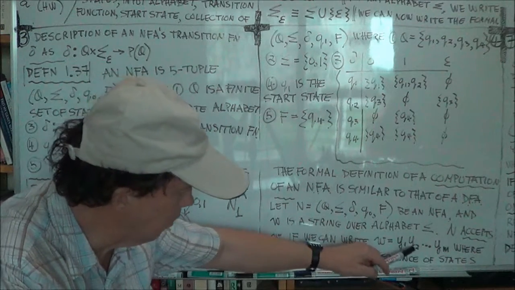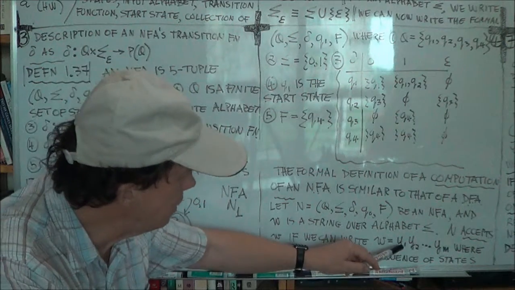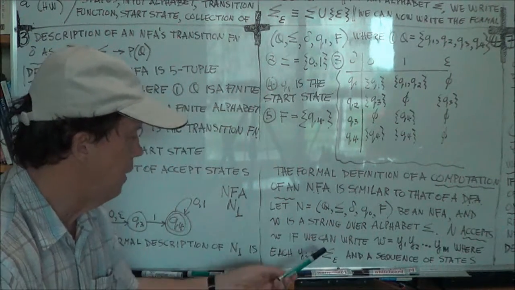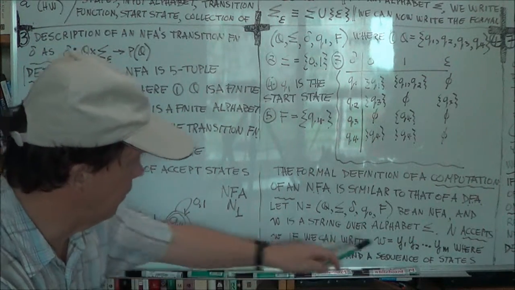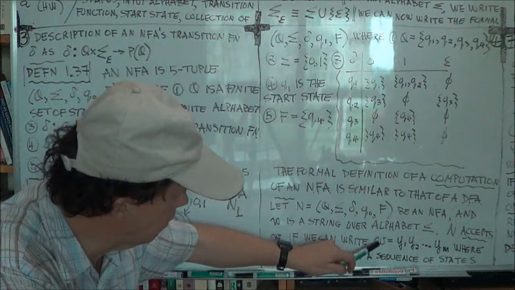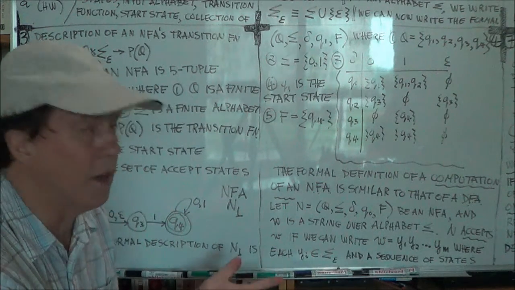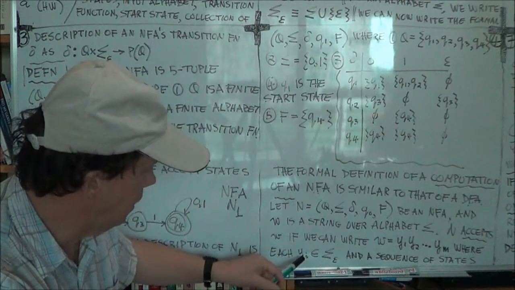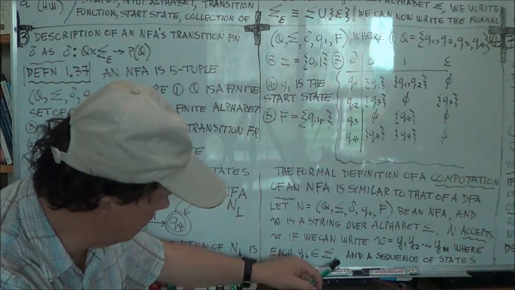So 0 or more of these Y's could be the eta. Okay, so W is defined as a string of these Y's, and for each Y, it's a member of this set.